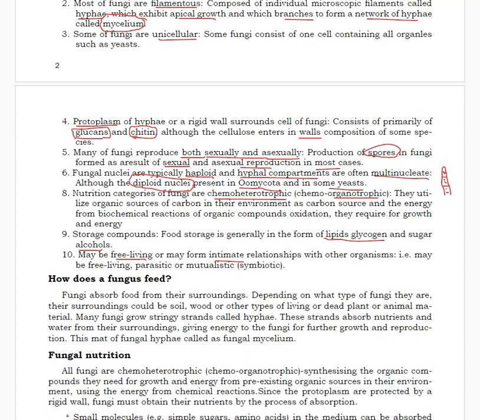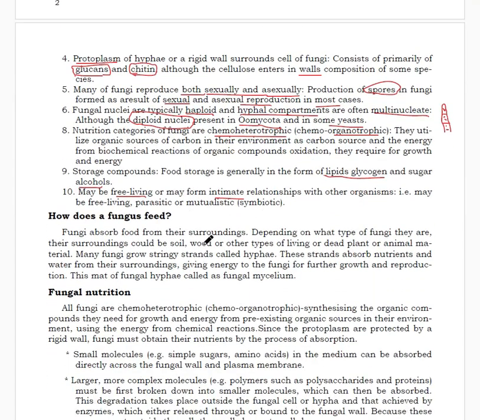So how does a fungus feed? Fungi absorb food from their surroundings, depending upon what type of fungi it is and what type of surrounding they are living in. They grow generally in stringy strands called hyphae. Hyphae are thread-like structures which absorb nutrients and water from the surroundings and give energy to the growing fungi.